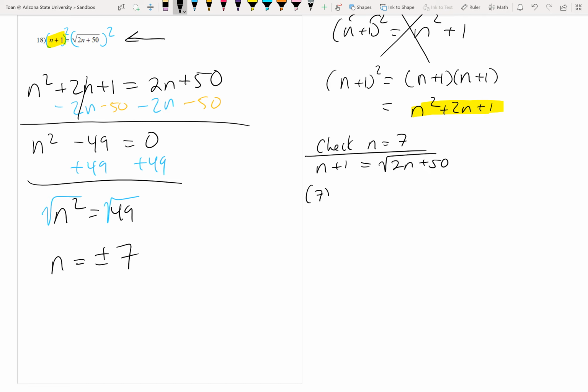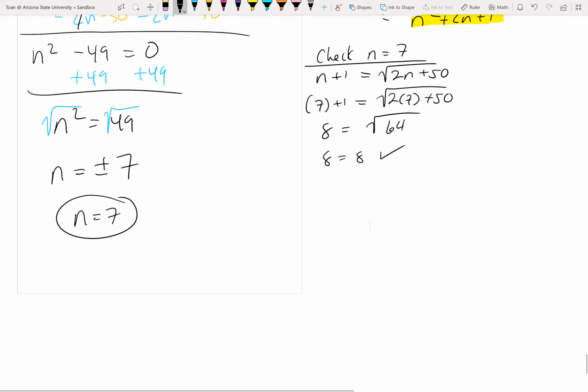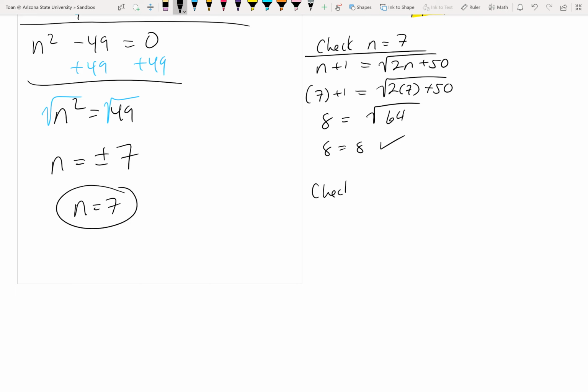So plugging in a 7, that's an 8. So 2 times 7 is 14, plus 50 is 64, and indeed that is good. So n equals 7 is an answer. Let's check negative 7.